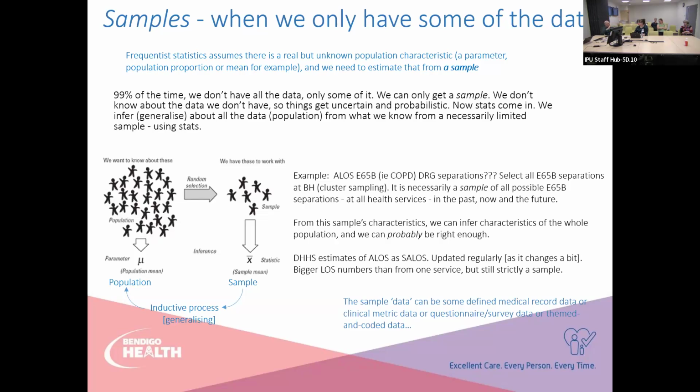You're interested in changing things here. And so you might collect every admission of a certain type. And so you're not interested in inferring anything with inferential statistics. What you've got is what you've got. And the mean of what you got is the mean of what you've got. And it's known to you. You're not inferring something in a population.